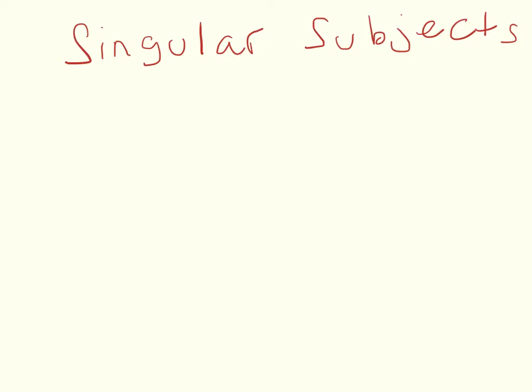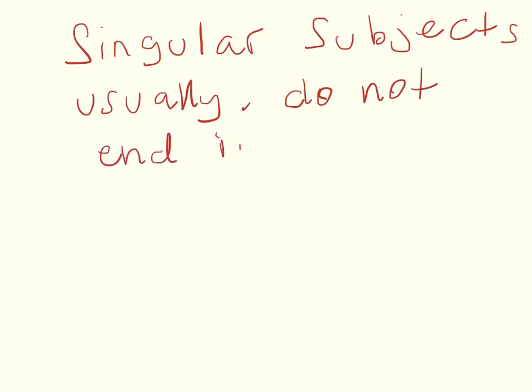All right, let's do a quick review. Singular subjects usually, really most of the time, do not end in S or ES or IES. Okay? And there are some examples, like say bus.